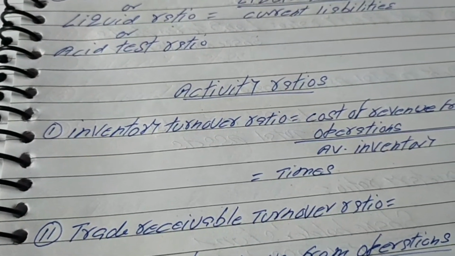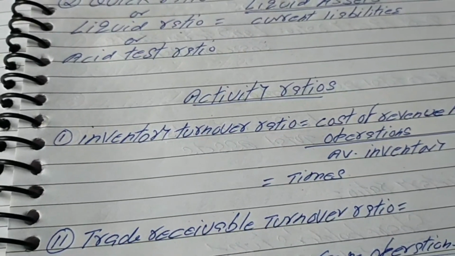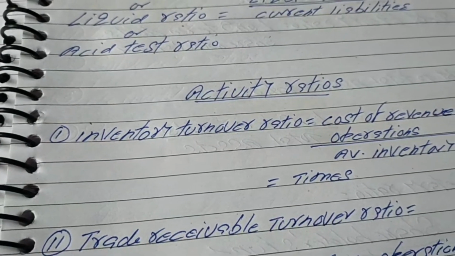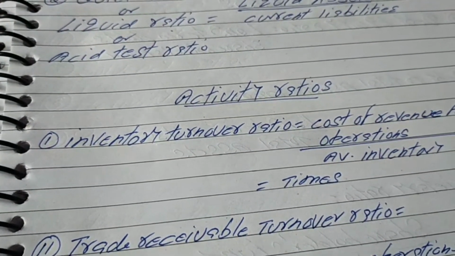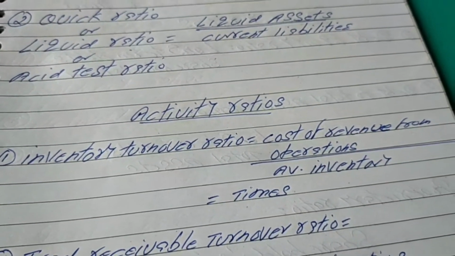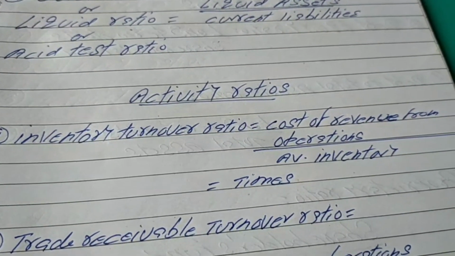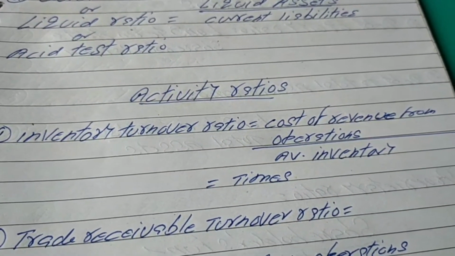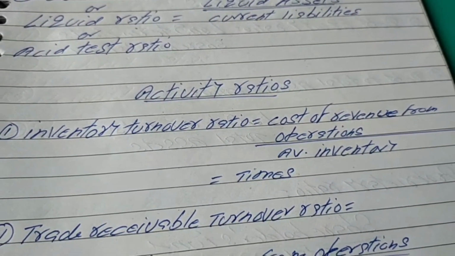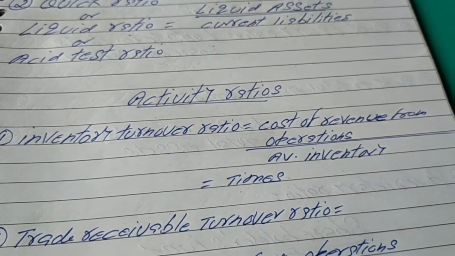We can use one more formula to find out cost of revenue from operations, that is net revenue from operations minus gross profit. Now the second part, we have to find out average inventory. Average inventory is equal to opening inventory plus closing inventory divided by 2. After getting these two items we will put the values and get the answer in times.